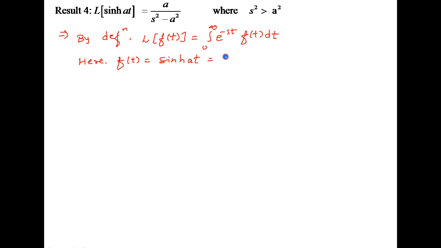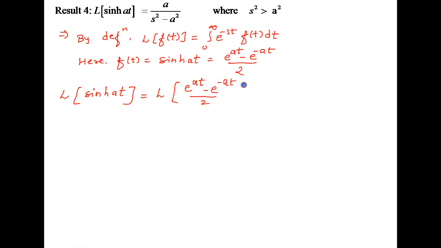We can use the formula: it is e to the power at minus e to the power minus at upon 2. So by using this result here, we can find the hyperbolic sine result. Laplace of sinh at is equal to Laplace of e to the power at minus e to the power minus at upon 2, replacing by the value.